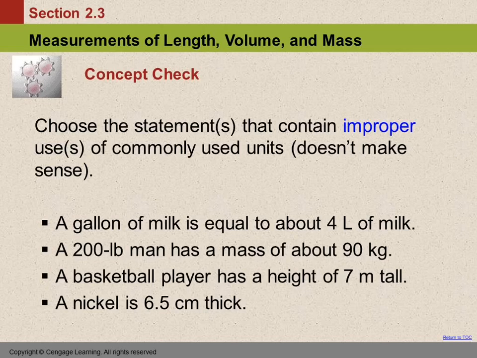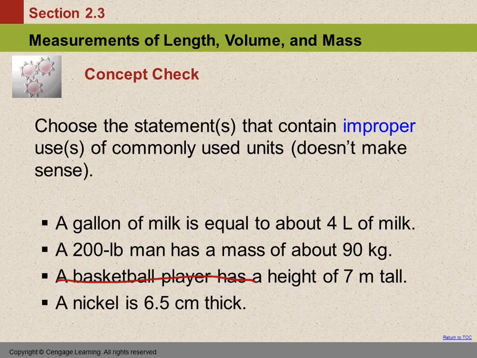A basketball player has a height of 7 meters tall. No, because a meter is like a yard, right? A yard is 3 feet, so this guy's 21 feet tall? I don't think so. Okay, so that one is ridiculous. A nickel is about 6.5 centimeters thick. How big is a centimeter?